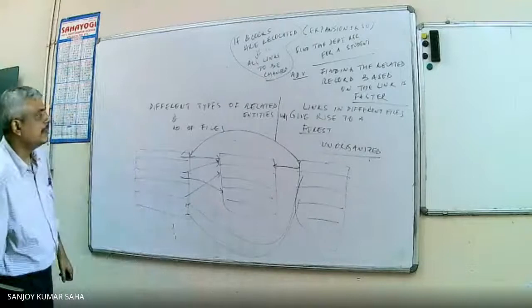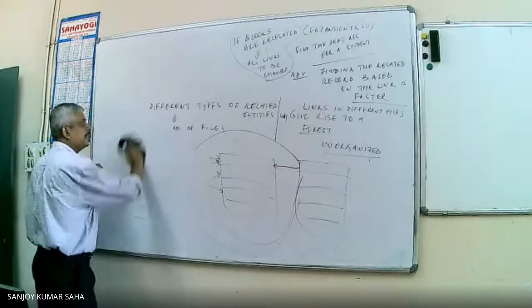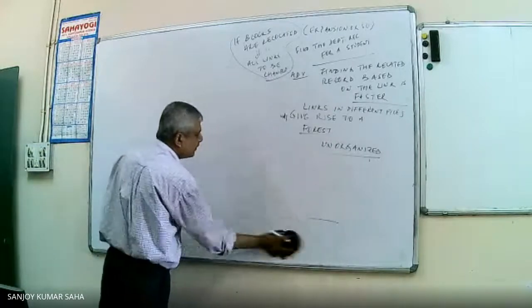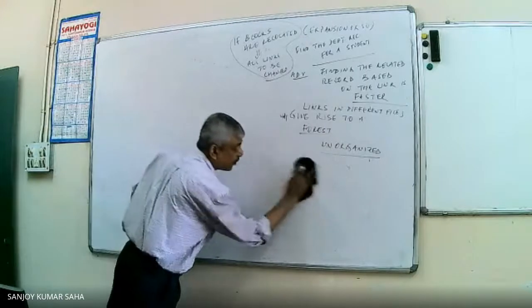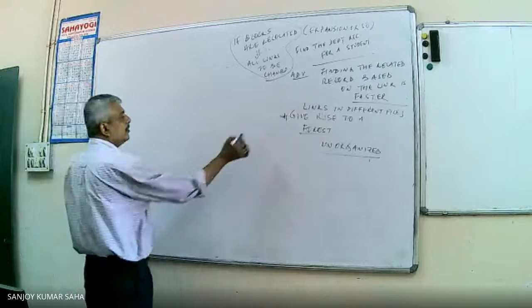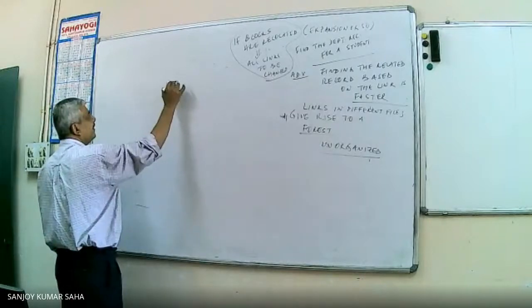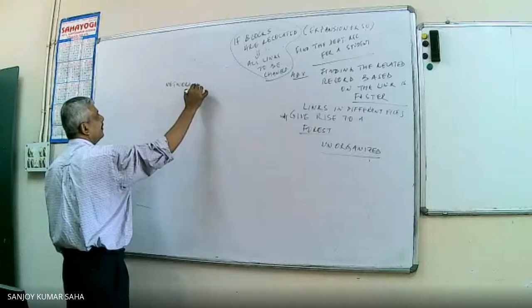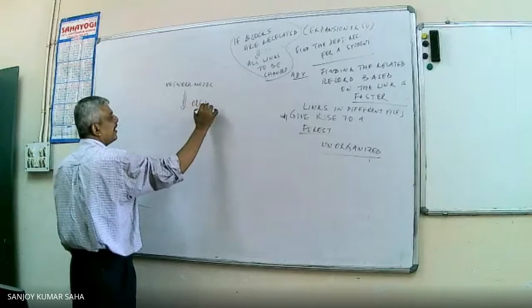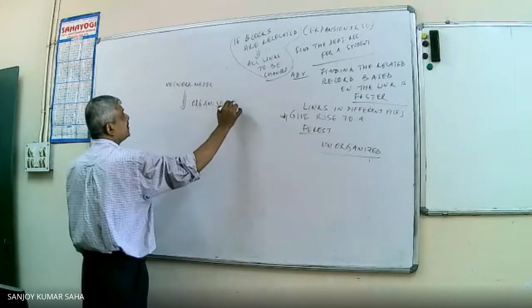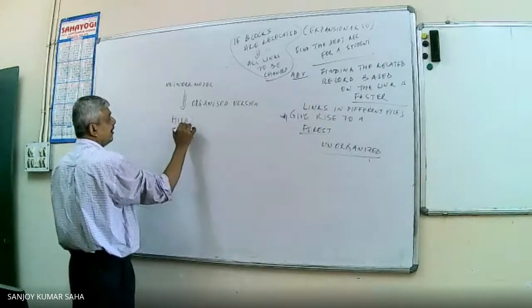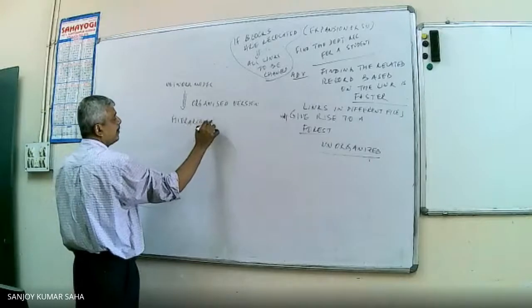Now there is the hierarchical model that is similar to the network model, the only difference being that records are organized according to a hierarchy. So basically, the network model is organized as I feel. Its organized version is the hierarchical model.